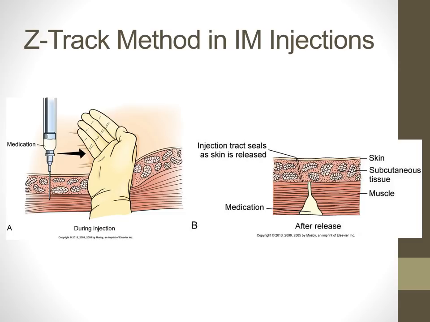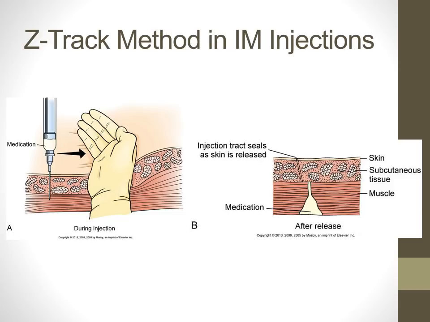So in order to do this, you're going to take the side of your hand and shift it sideways and up to kind of move the skin around, then give the injection, and after the medication is in, you're going to withdraw the needle and then release your hand. Using that method, the subcutaneous tissue and the skin are actually going to cover up the injection path in the muscle, actually keeping the medication in the muscle.